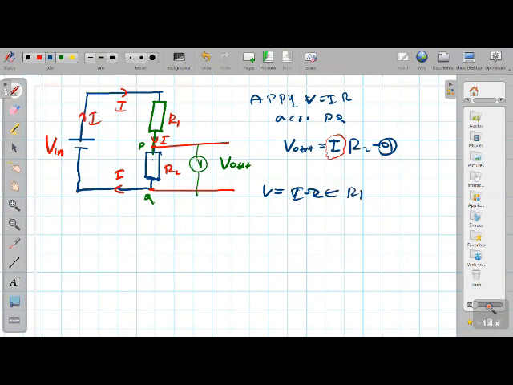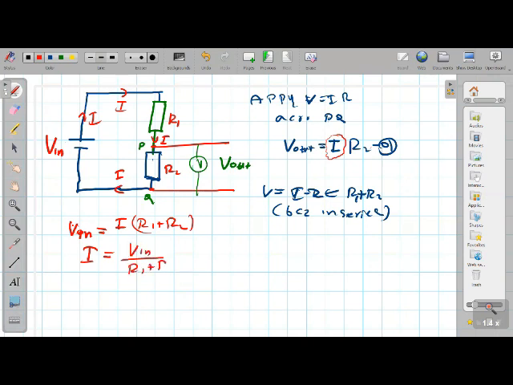R equals R1 plus R2, because these two are in series, so it's the total resistance. So the total voltage V in equals I times R1 plus R2, and I can rearrange this to obtain I equals V in over R1 plus R2, as equation number 2.